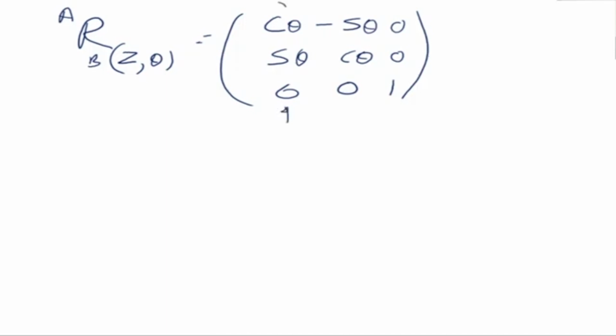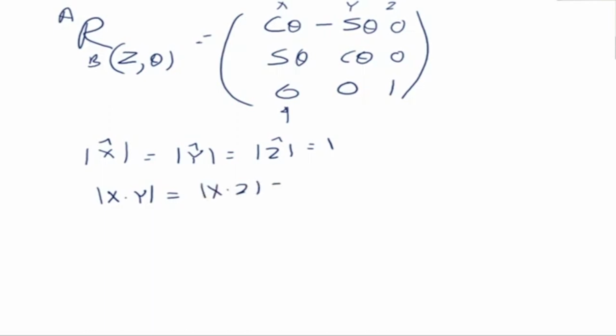So this is my x, that's my y, and that's my z, as I showed a couple of slides back. So mod of x is equal to mod of y is equal to mod of z is equal to 1. And the dot products x dot y is equal to x dot z is equal to y dot z is equal to 0.